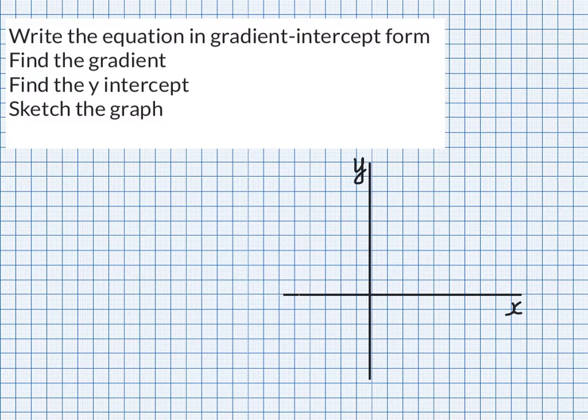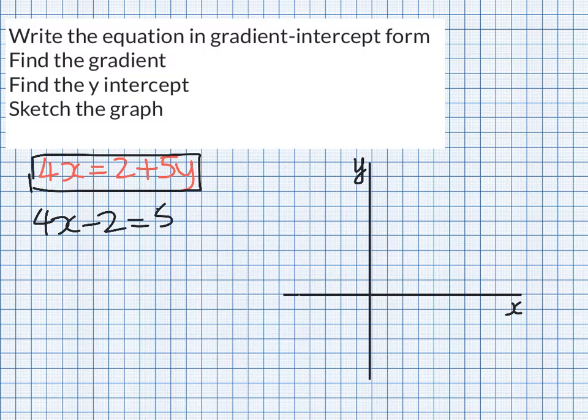Okay, so the first one we'll look at is this equation. So 4x equals 2 plus 5y. Now for some reason we might have ended up with that as the end of a problem, and we know that it's going to give me the equation of a straight line. So how do I get it into y equals mx plus c form? Well, I'll do 4x take away 2 equals 5y.